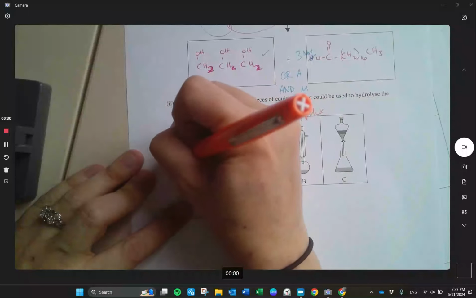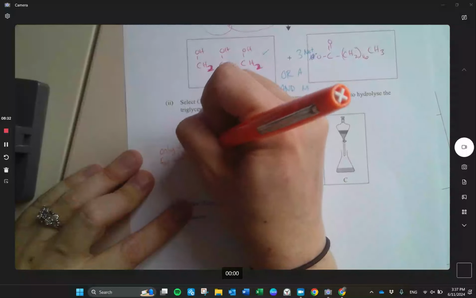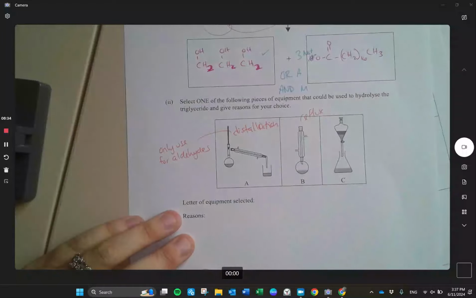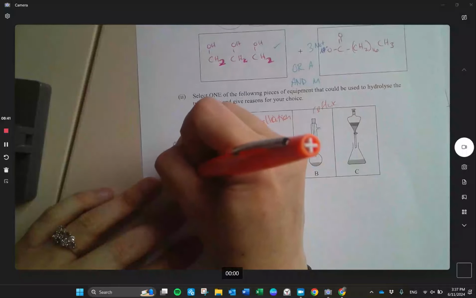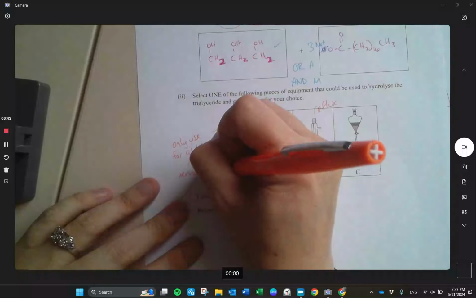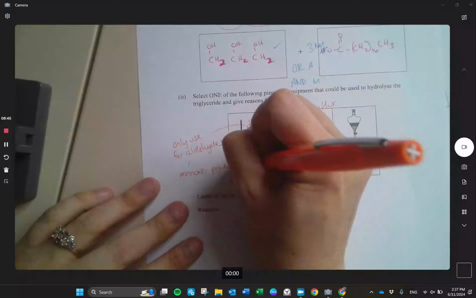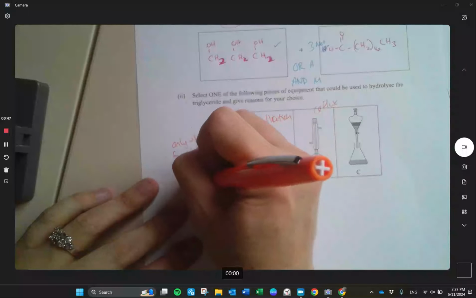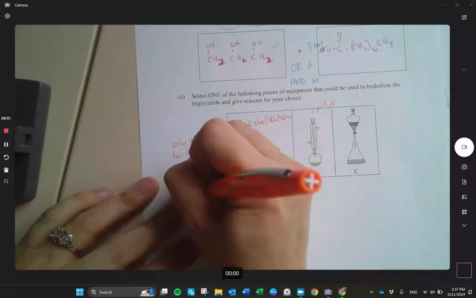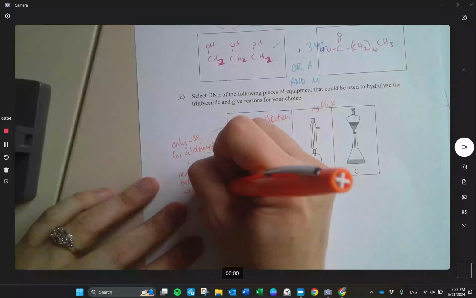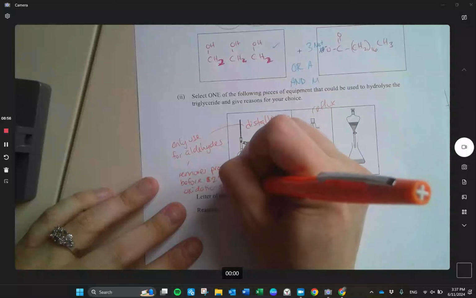And the reason why is because it removes product, so that way it doesn't do the second oxidation step, which is the carboxylic acid, in case you're wondering.